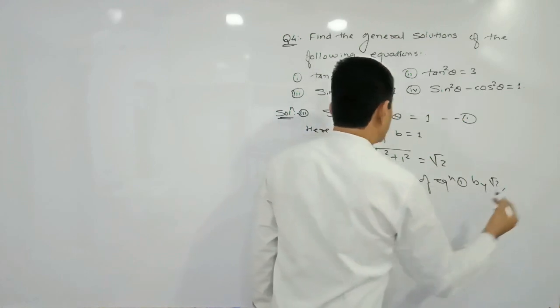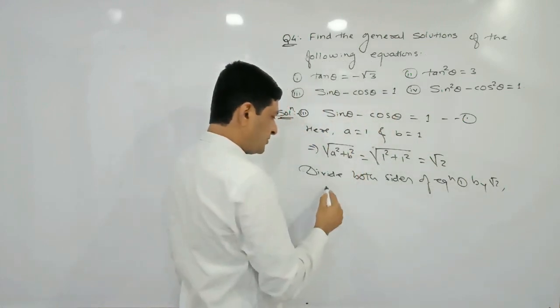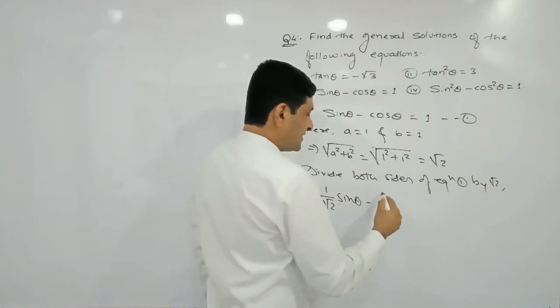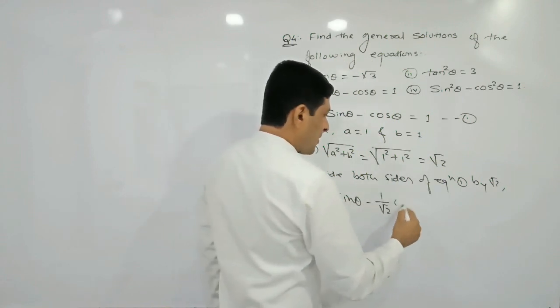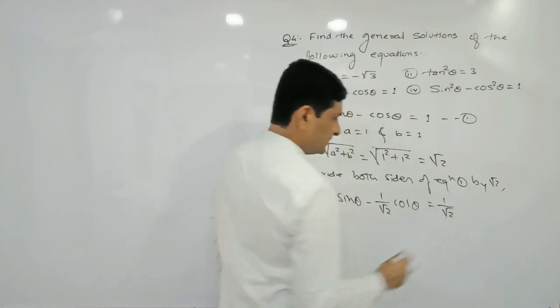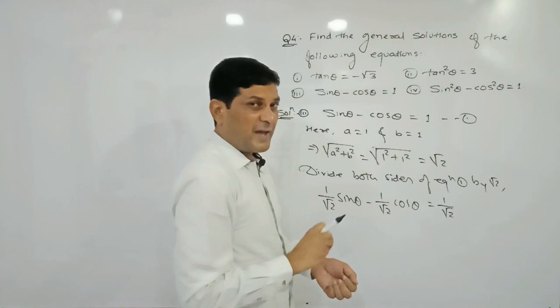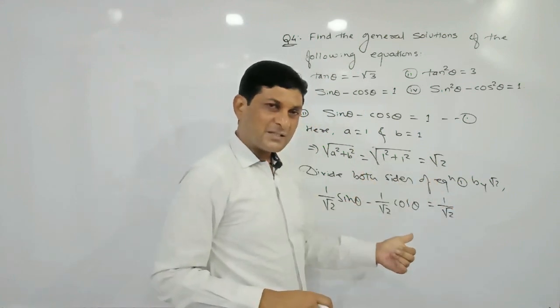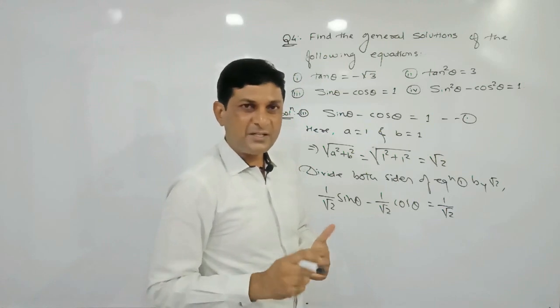Let us see what we'll get if we divide by root 2. Here we will get 1 by root 2 sin theta minus 1 by root 2 cos theta, and on this side we will get 1 by root 2. Now we are trying to arrange the term in the form of cos theta is equal to cos alpha. That's why I am trying to convert this side in terms of cos.